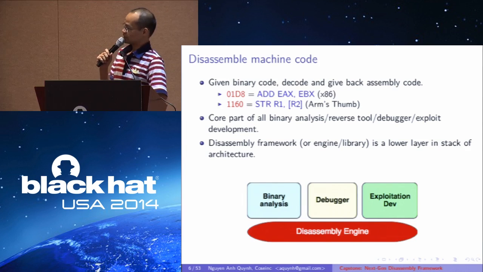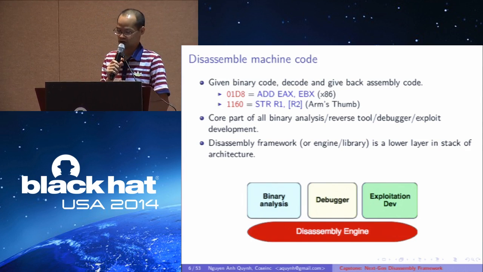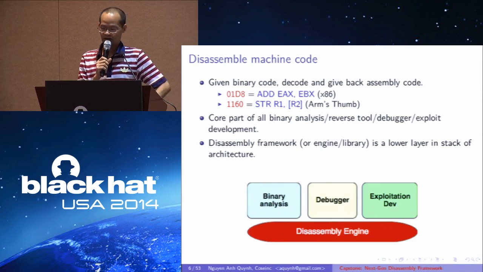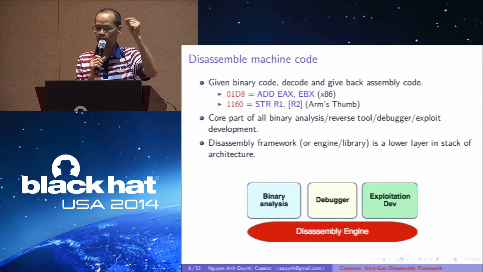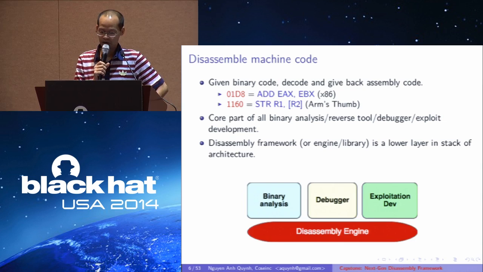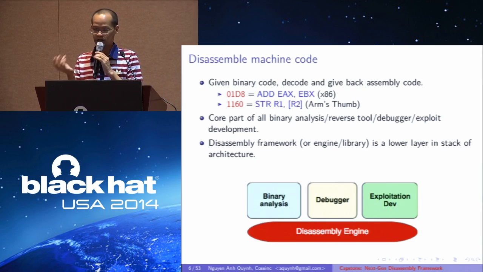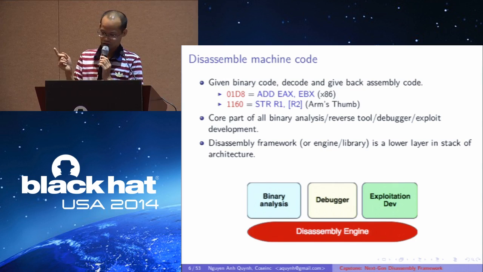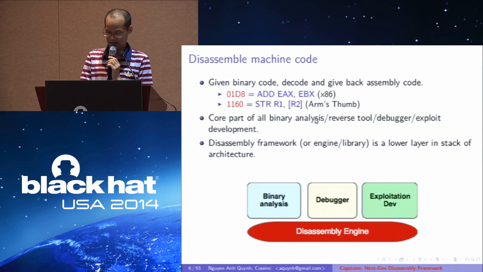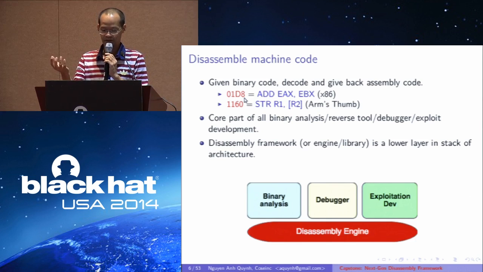Okay, so now we're looking at disassembling machine code. The idea is that, given binary code, only bytes, you need to decode it and give back the assembly code. On the screen you can see that on x86, given the bytes 01 D8, you need to return the instruction add eax, ebx.